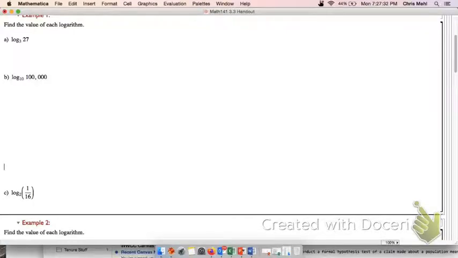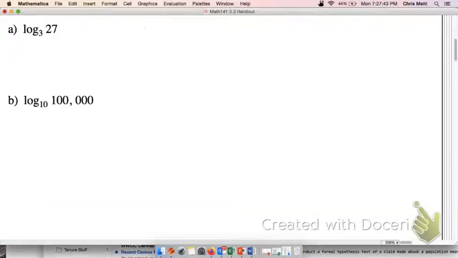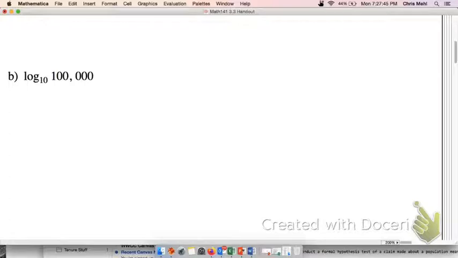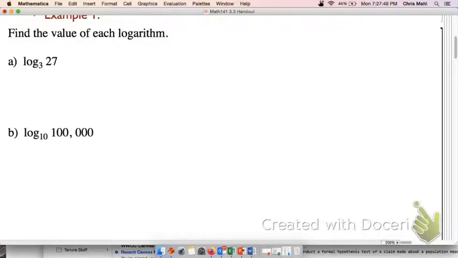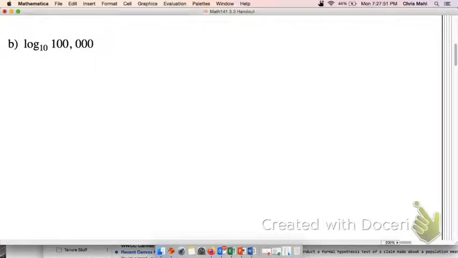Okay, so for the next example, we're going to do part B, which is trying to find log base 10 of 100,000. Okay, so I want to compute this.